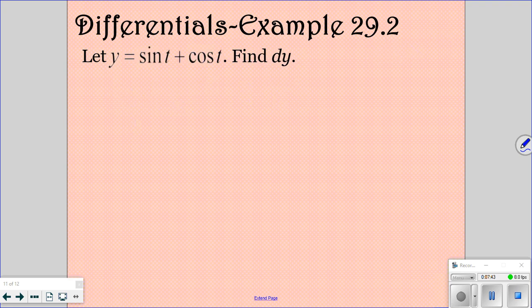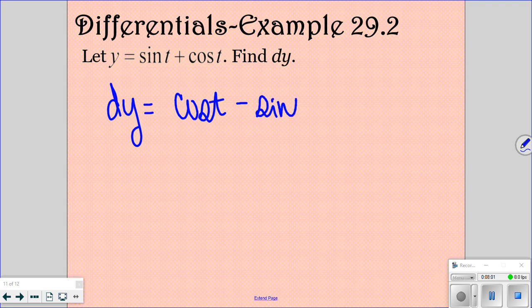Okay, so now we're going to find dy again. So on this one, the derivative of y is dy. The derivative of sine, hopefully you remember that, is cosine. And the derivative of cosine, hopefully you remember it, is negative sine.